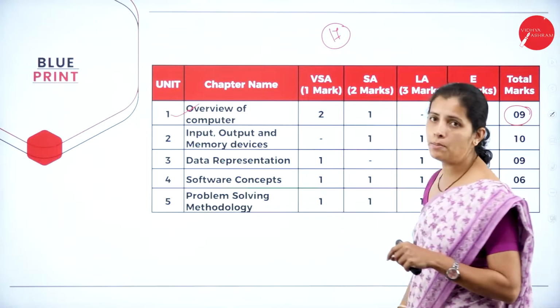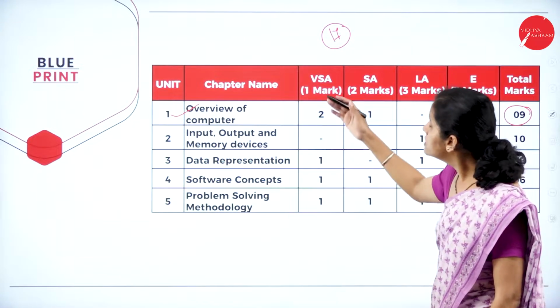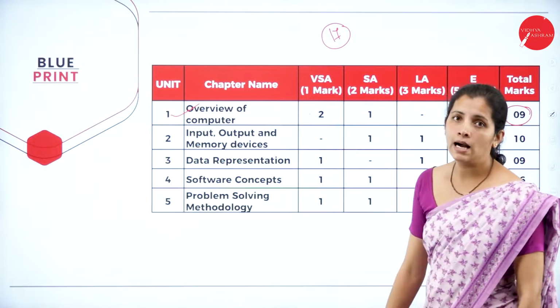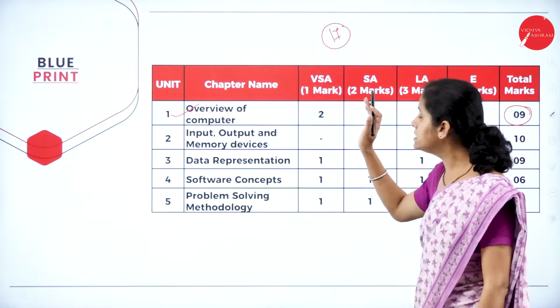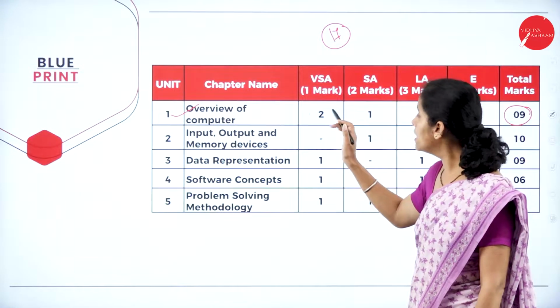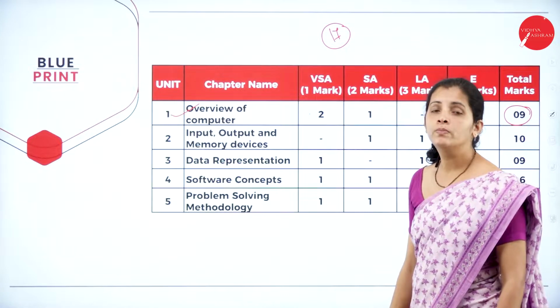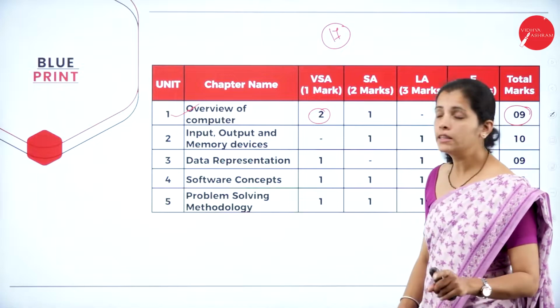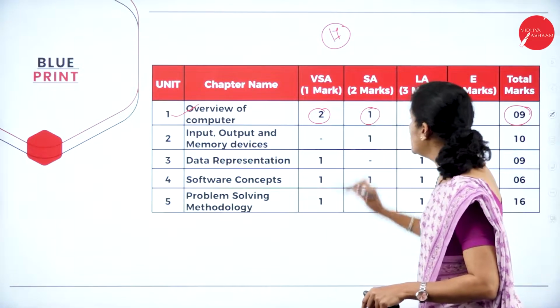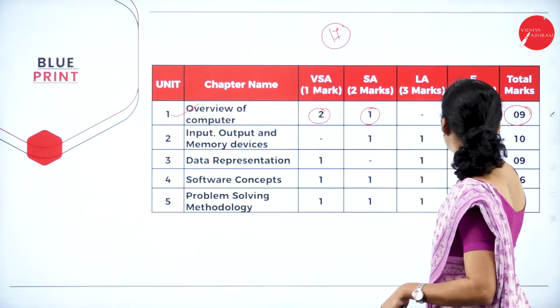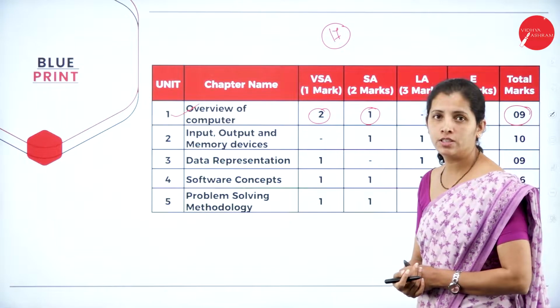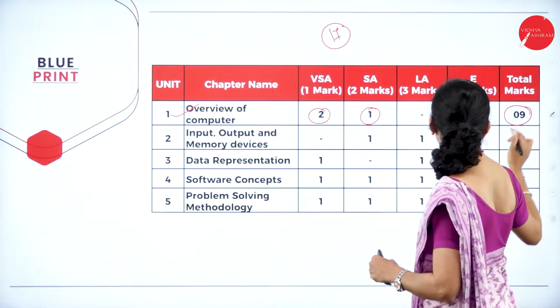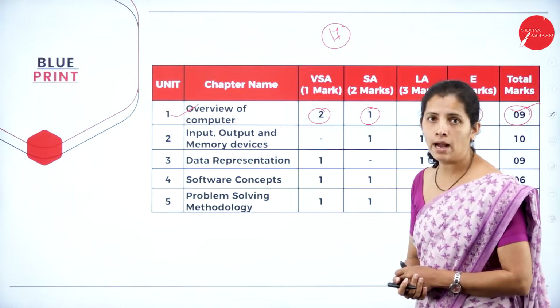It is 9 marks. And see the division of marks here. That means if I study this chapter, then I can answer 2 1-mark questions, 1 2-mark question and 1 5-mark question. So it is nothing but total 9 marks.